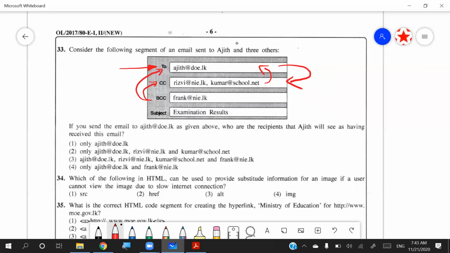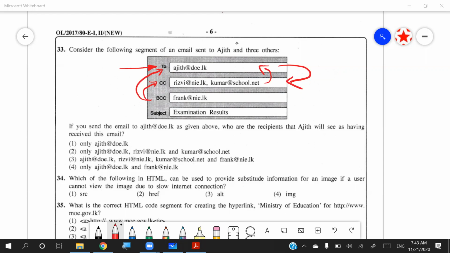So here what they are asking is, if you send this email to Ajit at doe.lk as given above, who are the recipients that Ajit will see as having received this email? So Ajit can see Rizvi and Kumara have received this email, but not Frank.